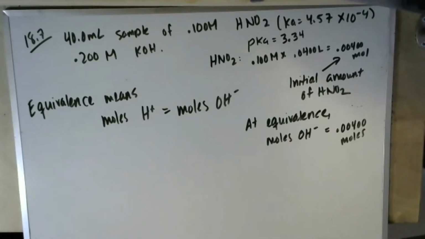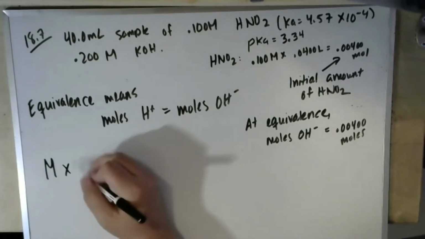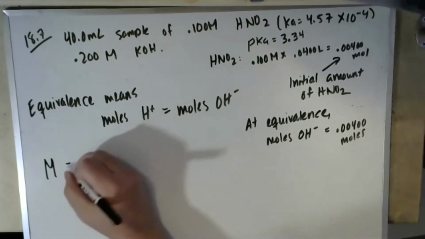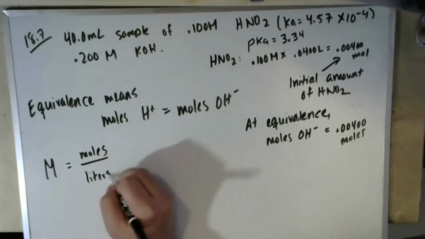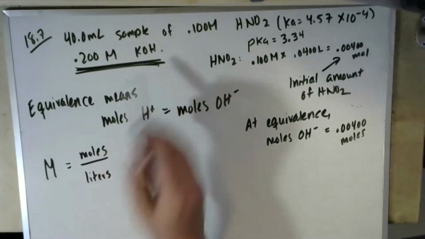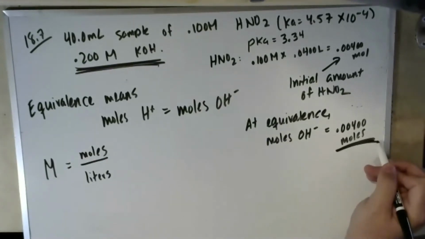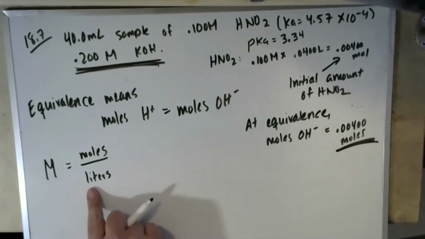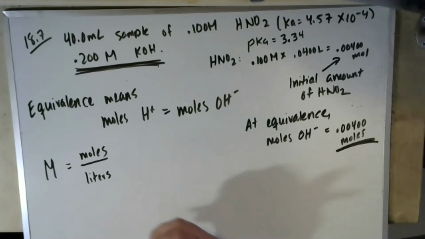Okay, so they asked us what volume is required to reach the equivalence point. Well, molarity is going to be moles divided by liters, right? So if I know the molarity of my KOH, which I do, and I know the moles of my KOH, which I just found out, I can figure out what volume of KOH that's going to represent.